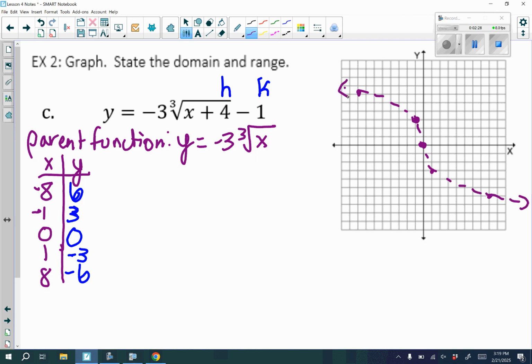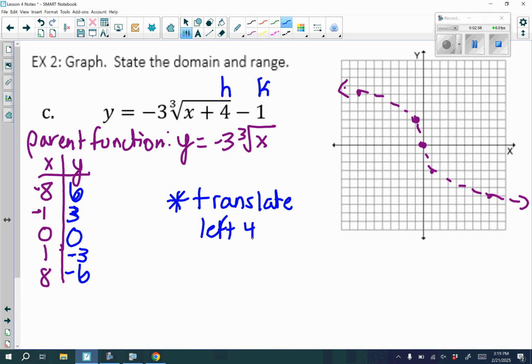Now that we have done our parent function, we need to talk about the translations. Remember, h is always going to be the number inside the radical, no matter if it's a square root or cube root. And h is the opposite of what we see. Here we see x plus 4, so we do the opposite and translate left 4.